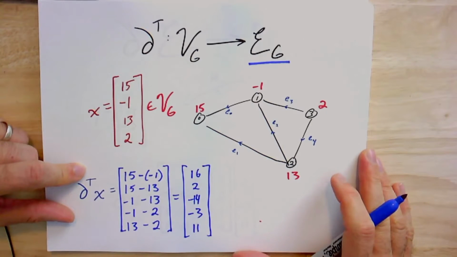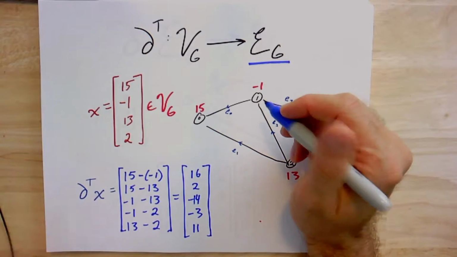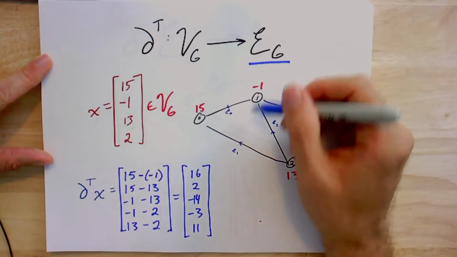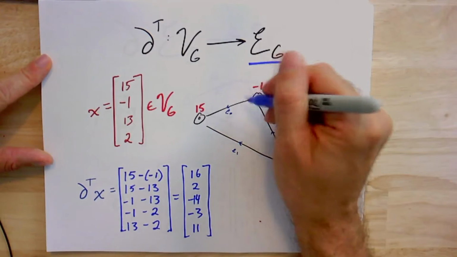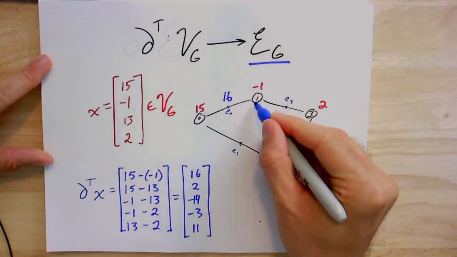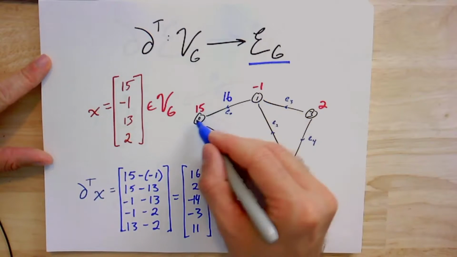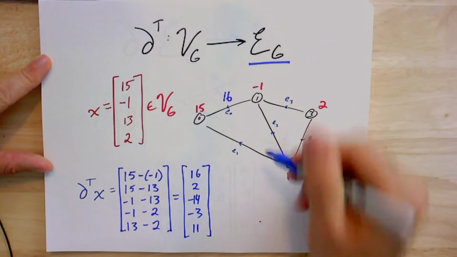All right, stick with me for a second. So what did we just do? For each edge here, if you look at the direction it's going, this number, 16, is the amount that the function value changed as we traveled across that edge.